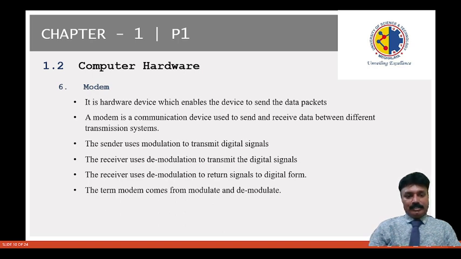The sender uses modulation to transmit digital signals. That is from the sender side. From the receiver side, the receiver uses demodulation to return the signal to digital form, the digital signals, zeros and ones.